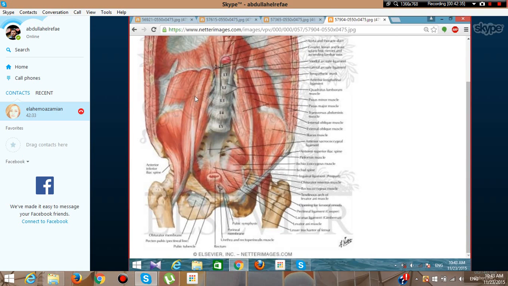On top of psoas major, you have psoas minor muscle. Psoas minor has a long tendon here. Sometimes the examiner takes this tendon and asks you what is it. Because it's white, you might mix it up with a nerve. You might say this is genitofemoral nerve, and they fail.